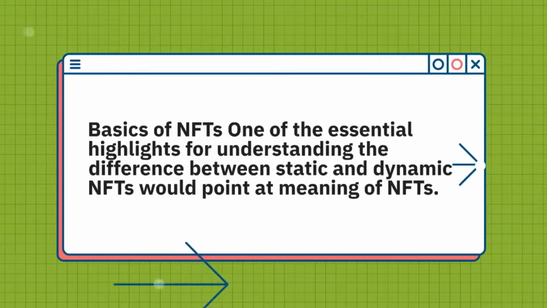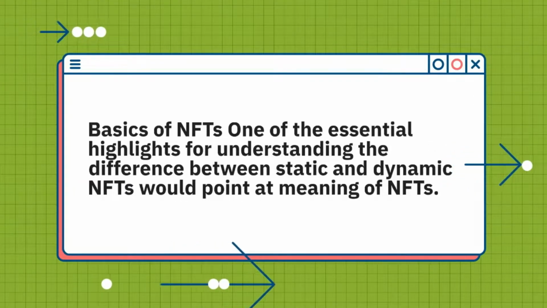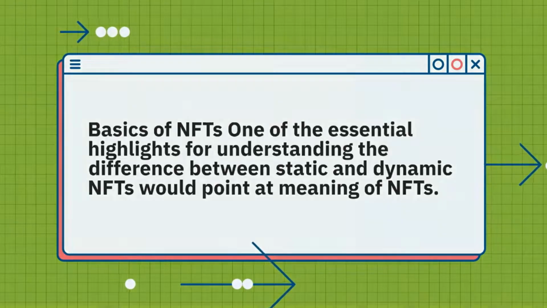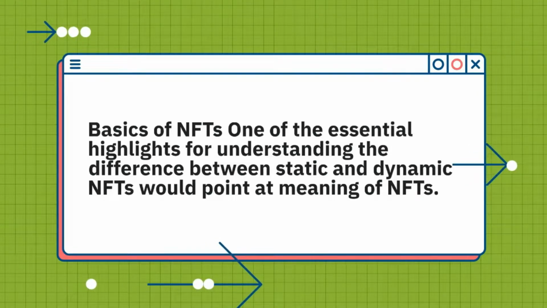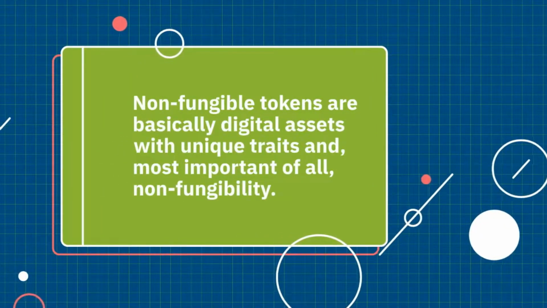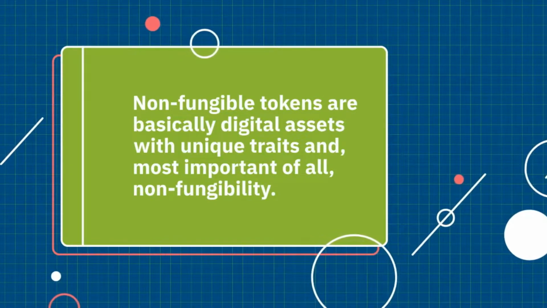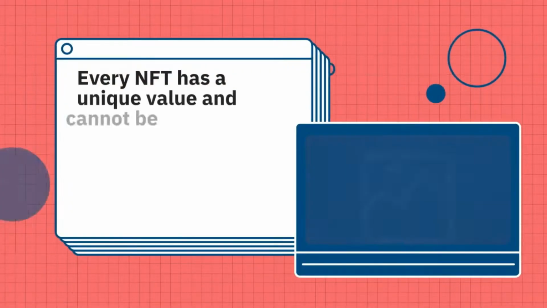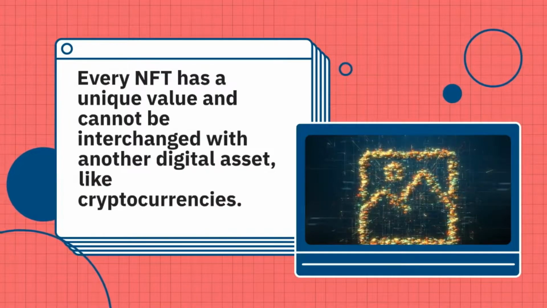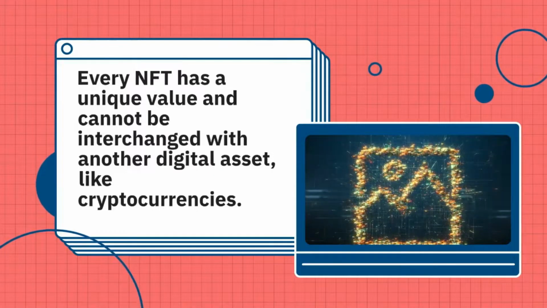Basics of NFTs. One of the essential highlights for understanding the difference between static and dynamic NFTs would point at the meaning of NFTs. Non-fungible tokens are basically digital assets with unique traits and, most important of all, non-fungibility. Every NFT has a unique value and cannot be interchanged with another digital asset, like cryptocurrencies.